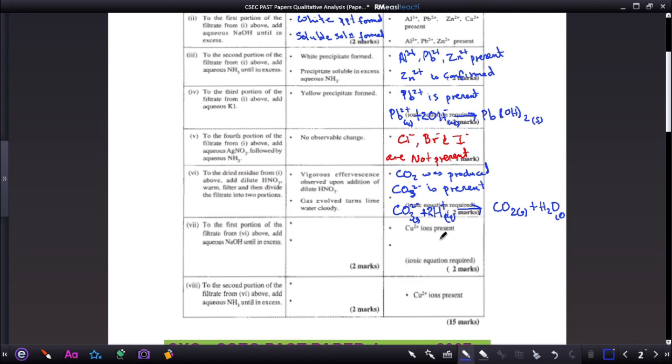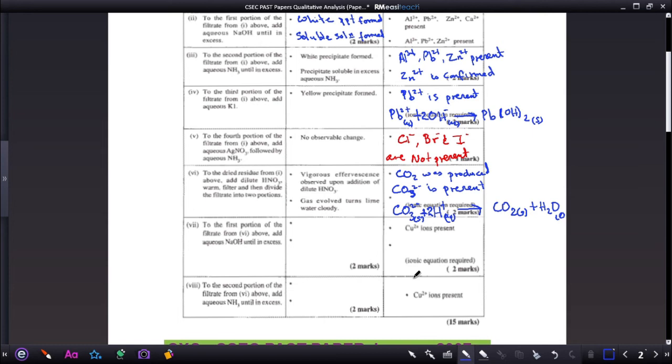Let me write the S properly, S for solid.